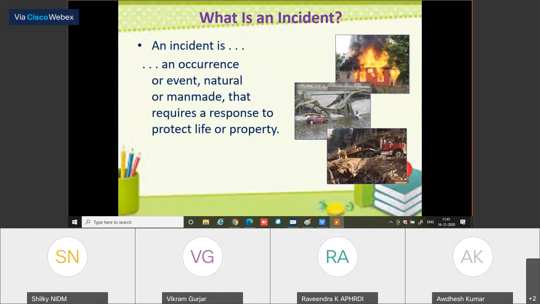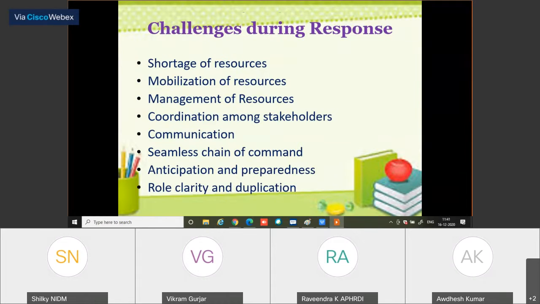Initially it was ICS which was adopted, but in Indian conditions it was recommended that we institutionalize it as IRS, Incident Response System.